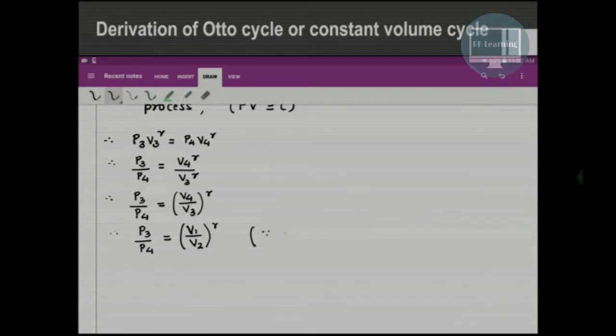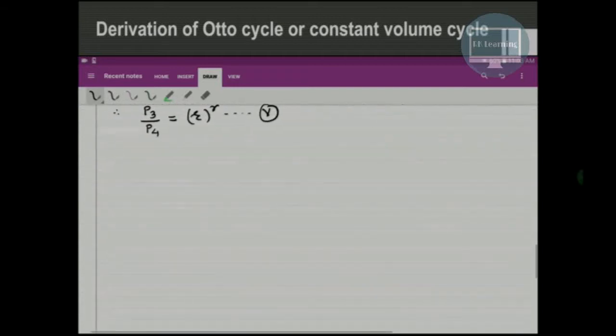So V1 is equal to V4 and V3 is equal to V2. So therefore P3 upon P4 can be written as, again we know that this is nothing but the value of compression ratio, that is R. So this is R raised to gamma. So that is our next equation. That is the fifth equation.